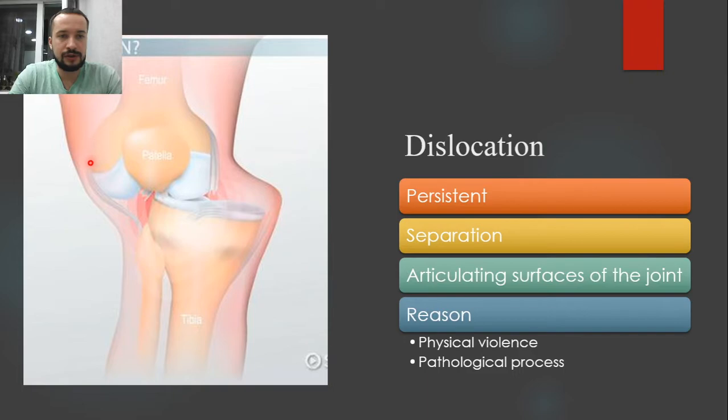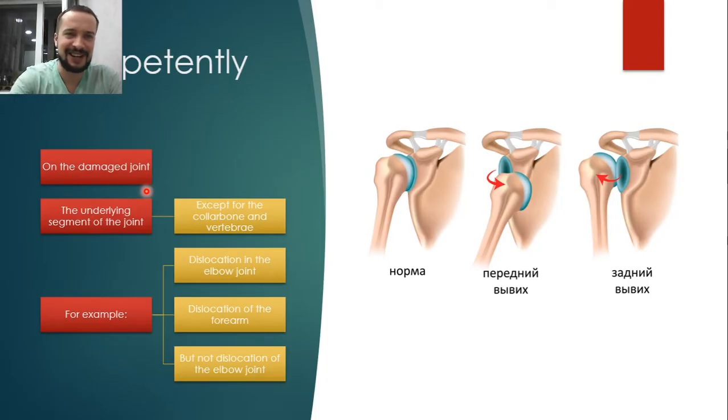This is a leg, the knee joint, and there we see that this surface doesn't connect with this surface, and this is wrong, and this is a dislocation. We never see it in the patient, except when we talk about open dislocation. And we will go to the next slide.